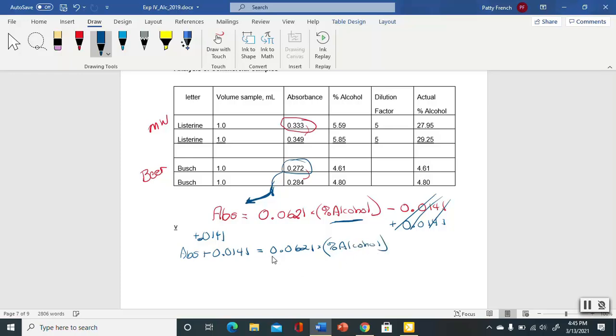The next thing, of course, we do is divide both sides by 0.0621, and that takes care of this over here. So now we have absorbance plus 0.0141, the whole thing divided by 0.0621, equals our percent alcohol.